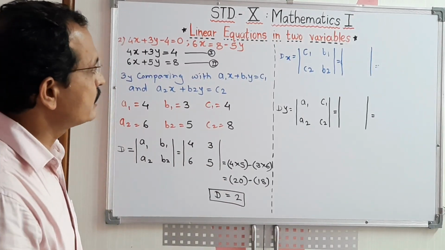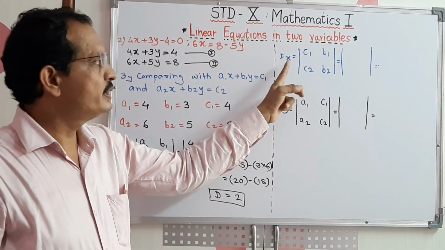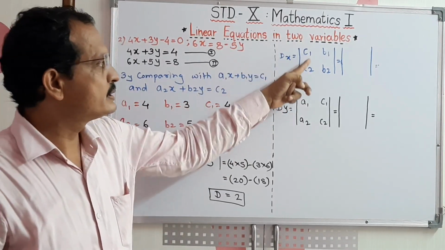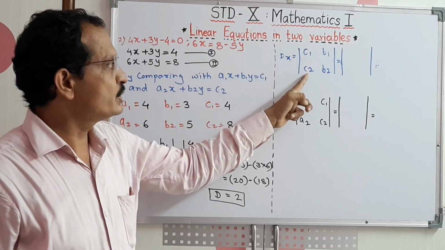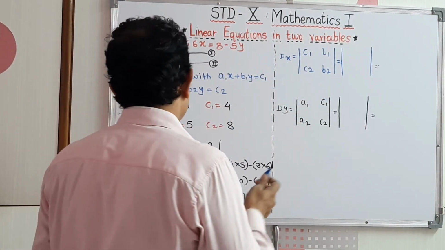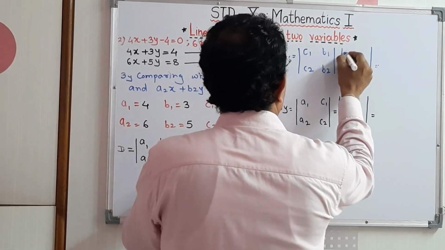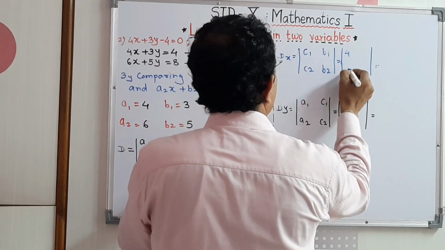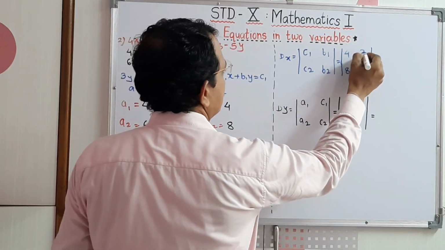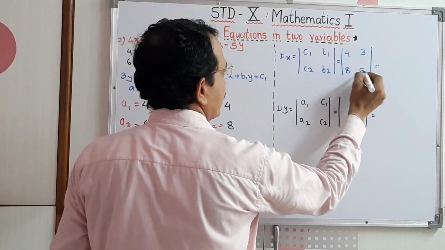Now see the Dx. In this Dx we have to replace this a1, a2 with c1, c2. Therefore c1, c2 and b1, b2. Place the values. c1 is 4, c2 is 8, and b1 is 3, and b2 is 5.